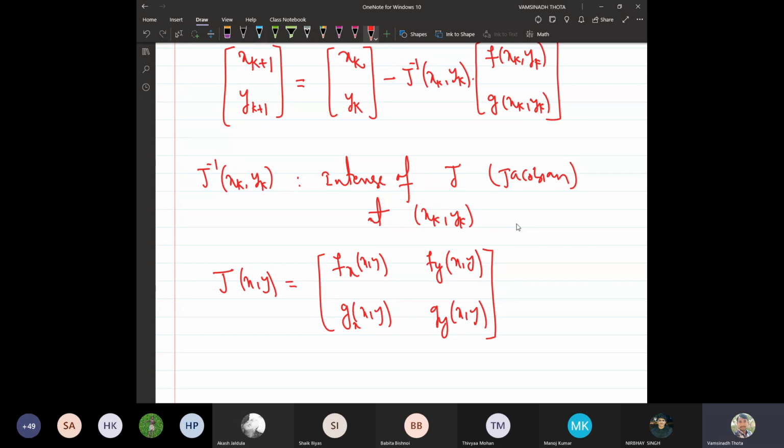So it will be a 2 by 2 matrix. Why? Because we have taken two equations in two unknowns, so it will be a 2 by 2 square matrix consisting of all the first order partial derivatives of both f and g in this manner.